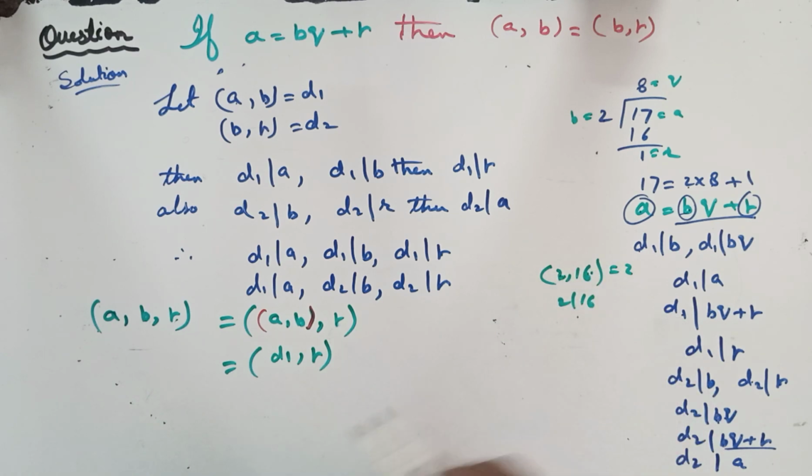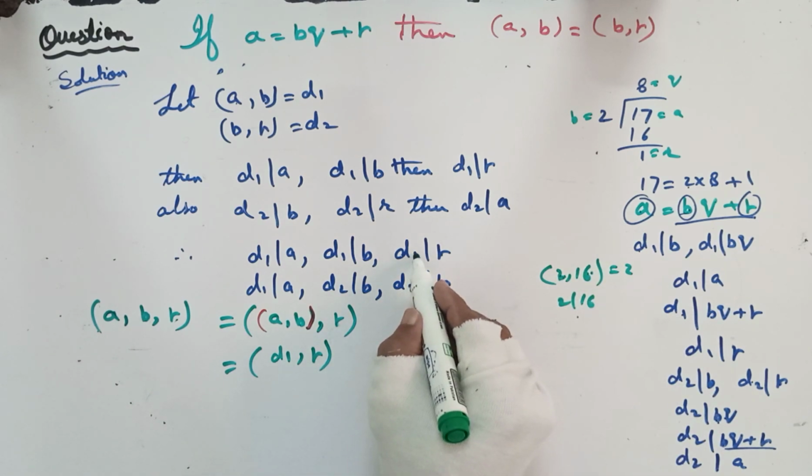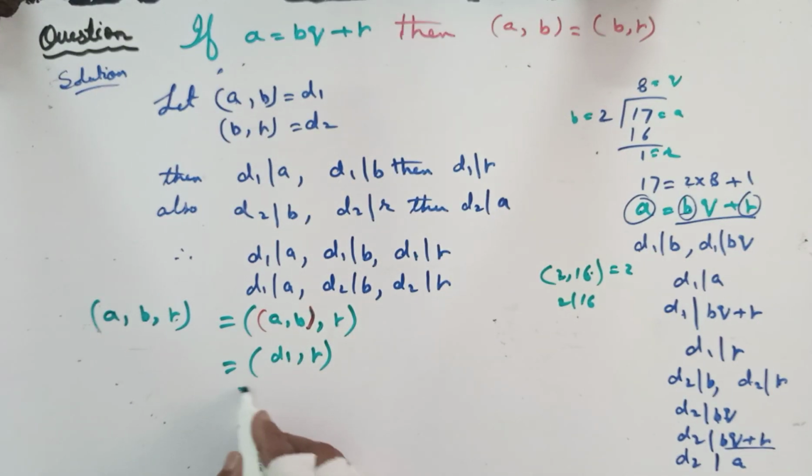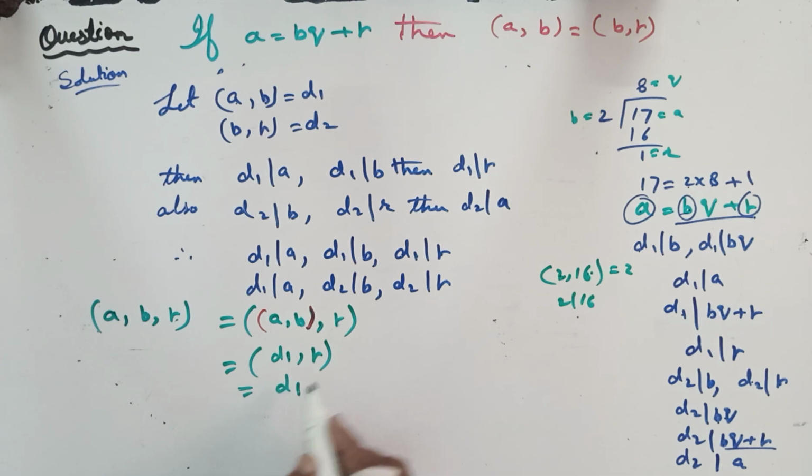As you know D1 divides R, so the GCD of these two numbers must be the smaller number.